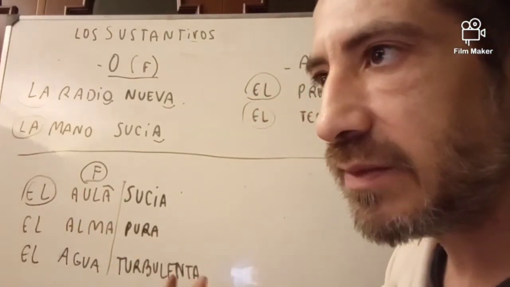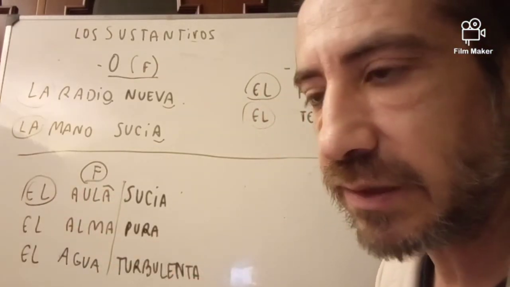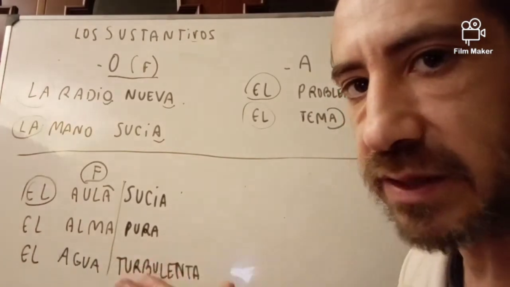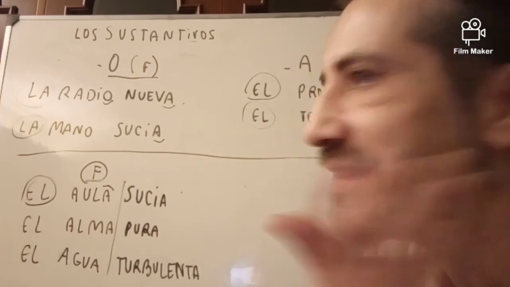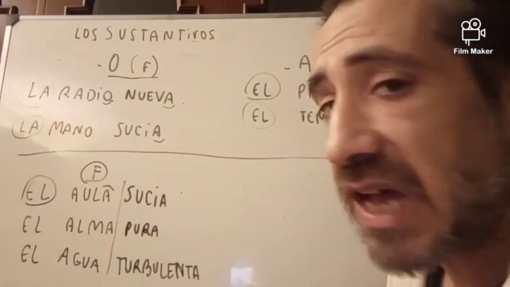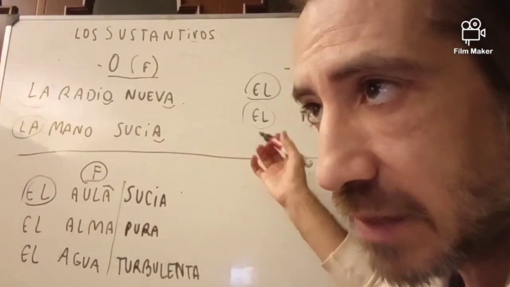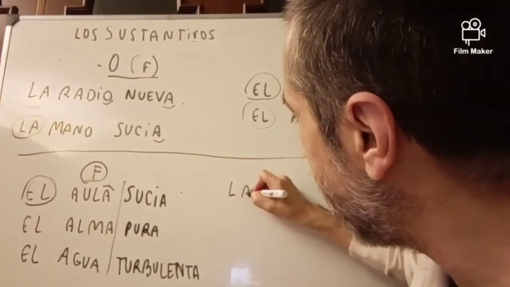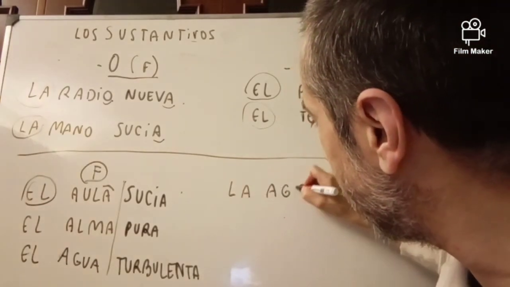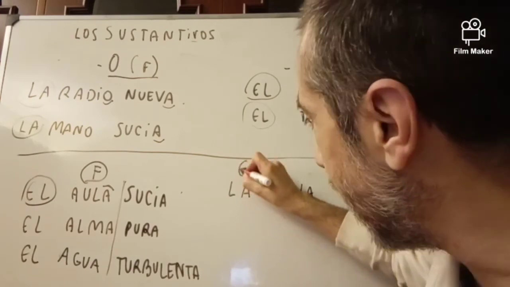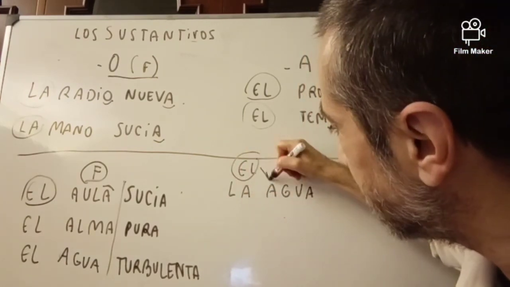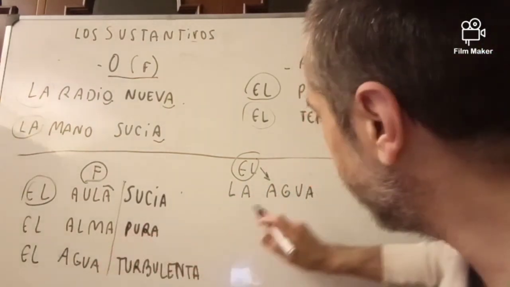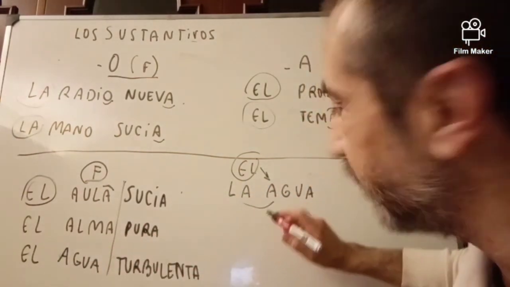We do this to avoid cacophony, when 2 sounds together sound bad, we can't stand them. I don't know why really, because we could do the same as in Italian. If we say l'acqua, we don't say la acqua, water. It's el agua. It's feminine, but it takes this article to avoid this cacophony of the 2 a sounds together.